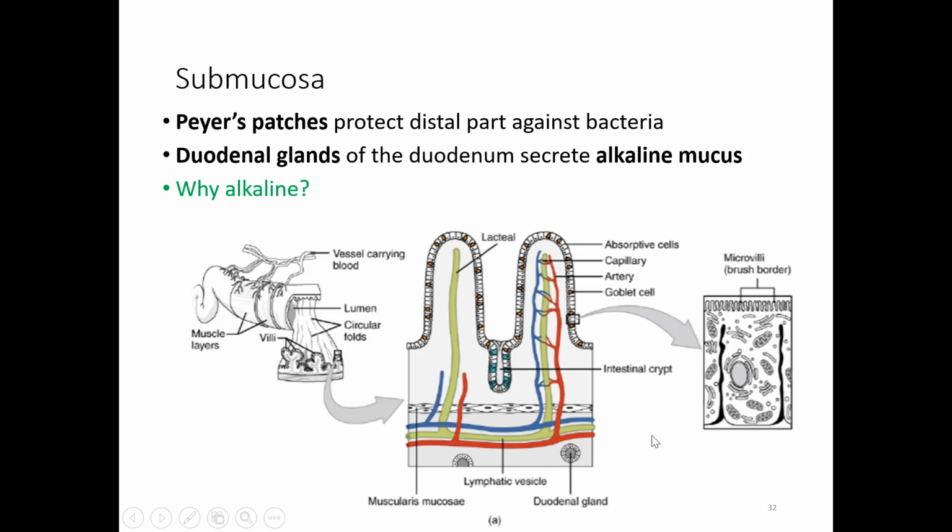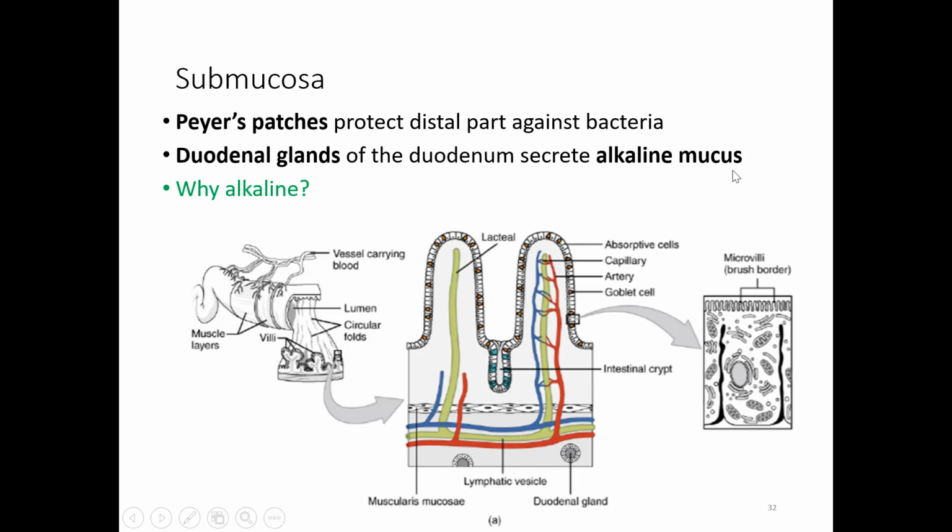In the submucosa, there will be Peyer's patches, which are lymphatic structures, and they protect the distal part of the small intestine against bacteria. Also, duodenal glands in the duodenum right here, in intestinal crypts, produce alkaline mucus.